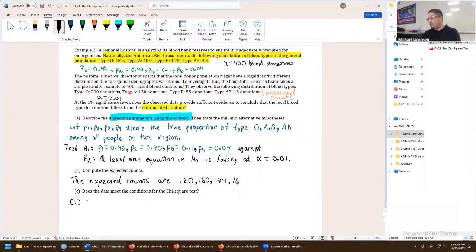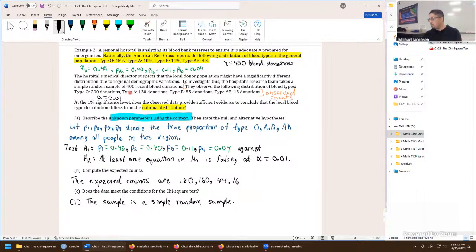Let's say for part one, the sample is a simple random sample, but it was exclusively people at the blood bank, which causes us concern.